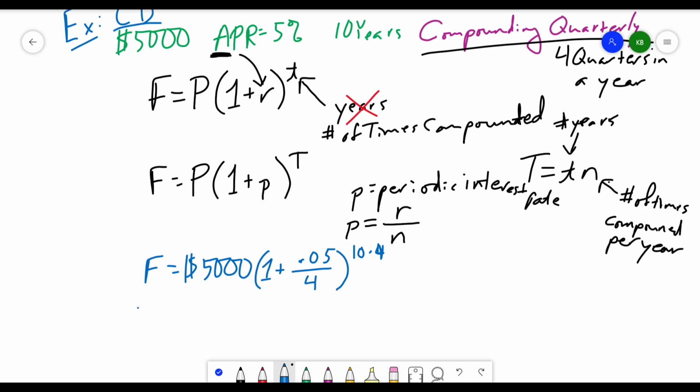All right, so I simplify this and I get $5,000, 1 plus 5% divided by 4 is 0.0125, and 10 times 4 is 40.